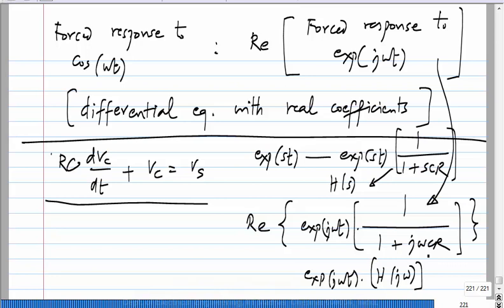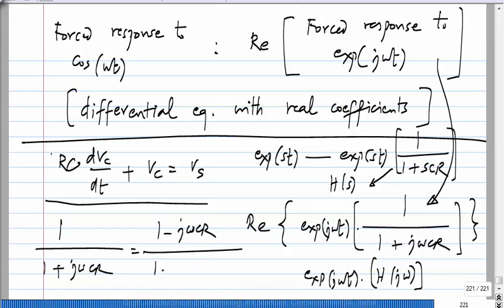It's quite easy. You can rationalize 1 by 1 plus j omega CR. This is equal to 1 minus j omega CR divided by 1 plus omega CR squared, and you multiply this with that, and you can take the real part.